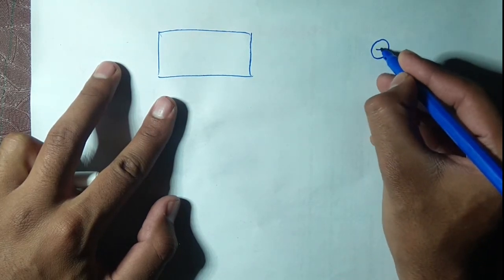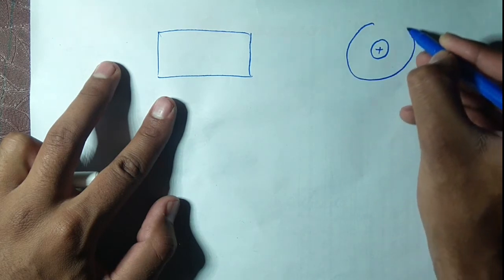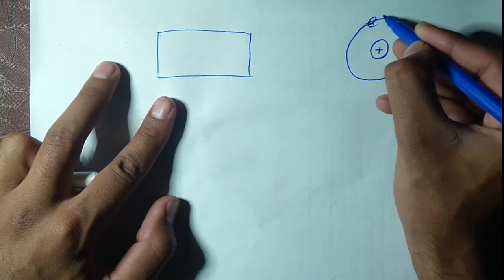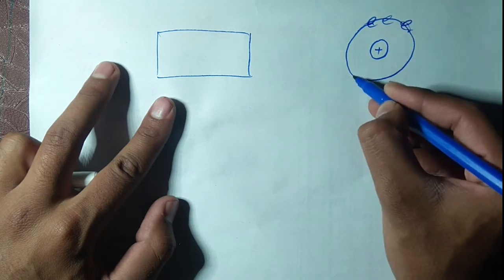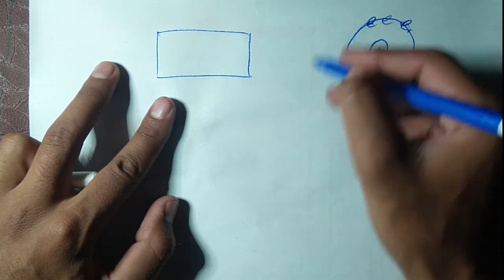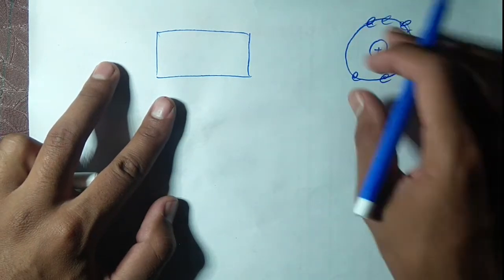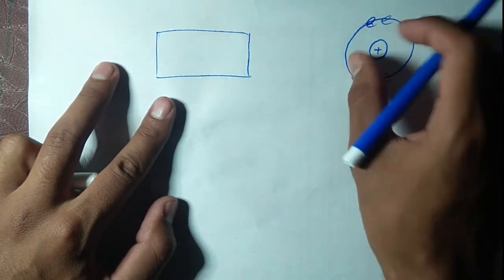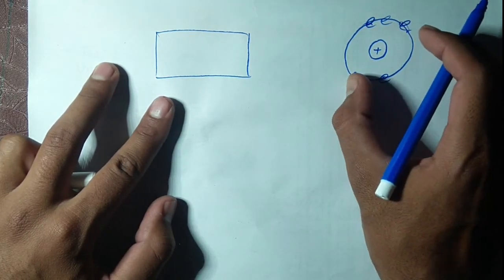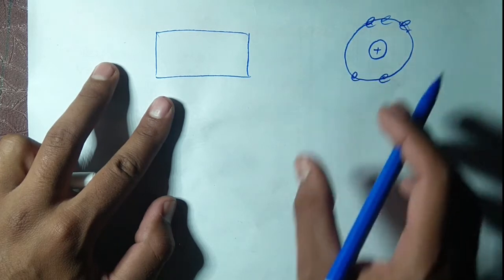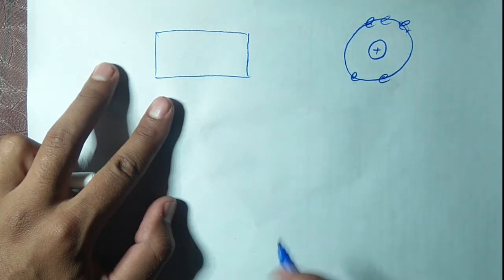Let's suppose this is its nucleus and it has some electronic cloud, electrons here and here. There are shells, but I'm telling you them collectively. They are spherical when they are neutral. When there is no electric field, they are in spherical shape.